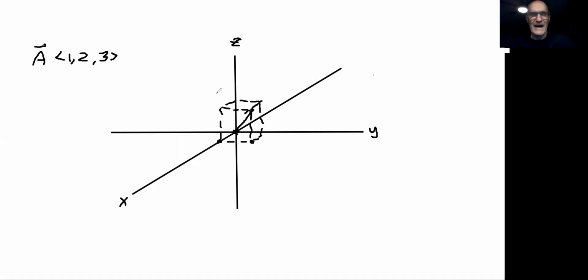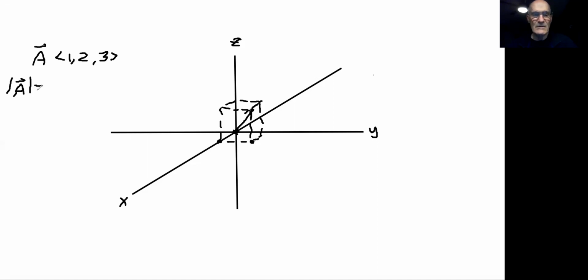If we want to look at the magnitude of this vector, the magnitude is just the Pythagorean theorem extended. Remember, the symbol for the magnitude is the absolute value.